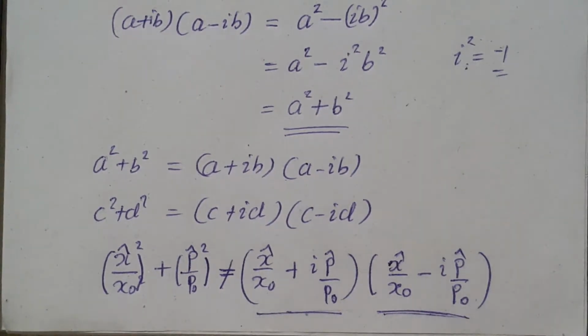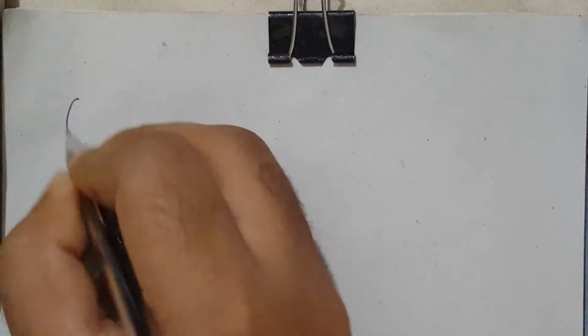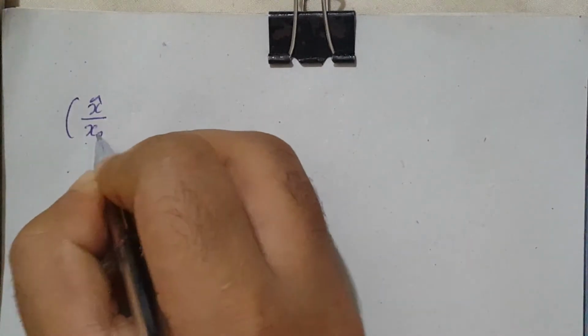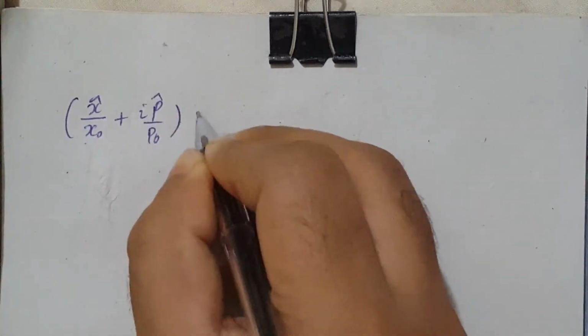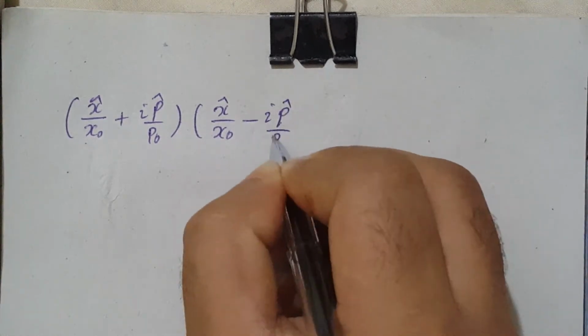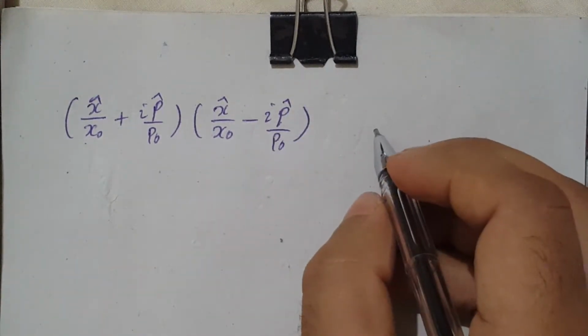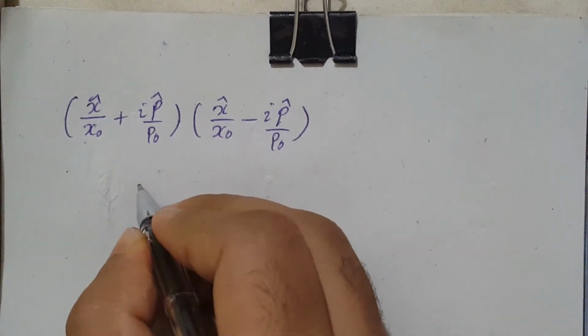So we are going to find x cap by x naught plus i p cap by p naught times x cap by x naught minus i p cap by p naught. Now open the brackets. Let me write it here.